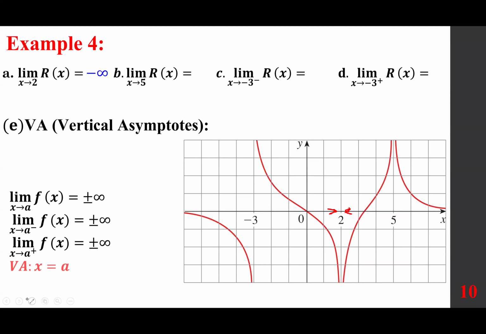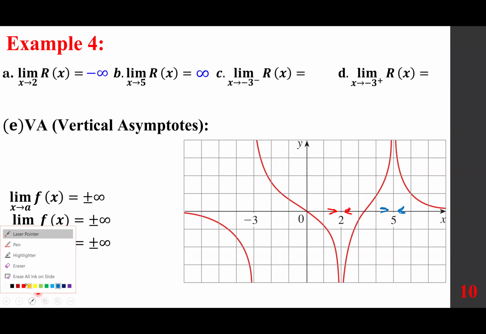For number 5, from the left of number 5 or from the right of number 5 makes no difference. It's moving up towards infinity. Now, negative 3, it depends. You're approaching it from the left or right.